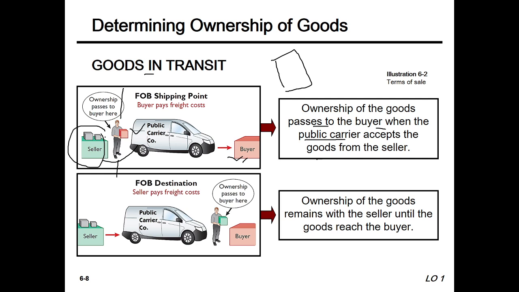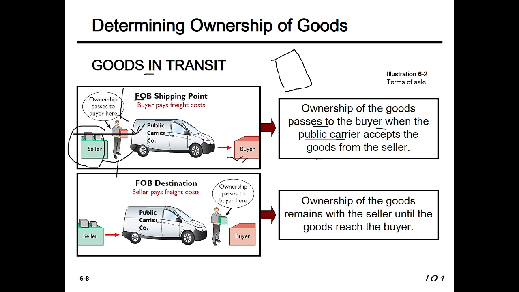Free on board, it may be a public carrier, a ship, a truck, or a pickup, or a flight. FOB means free on board shipping point. That means the seller transfers to the buyer here, and the buyer is responsible for these goods.